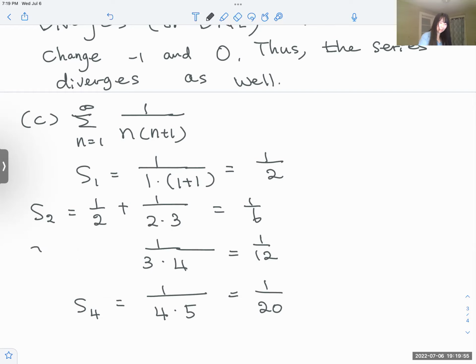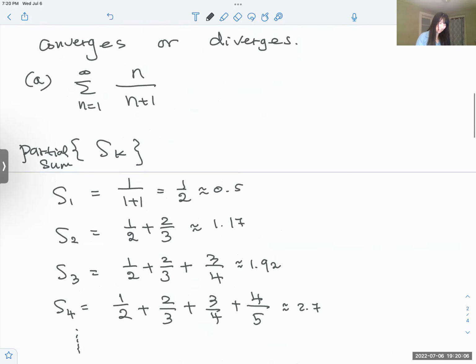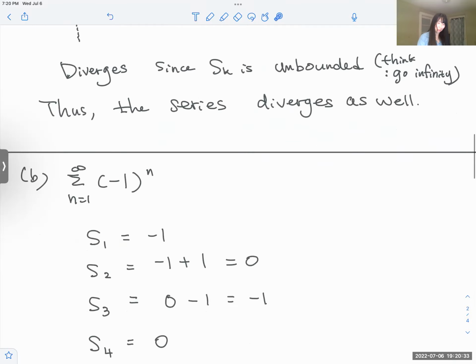Which number 8? He means the letter A. Hold on one second. Yes, it's the same problem. But here it's n over n plus 1, then there's 1 over n and n plus 1. It's a little bit different, right?